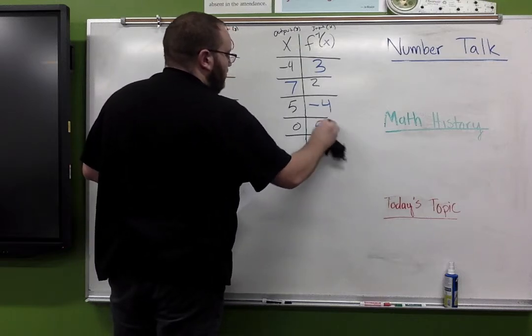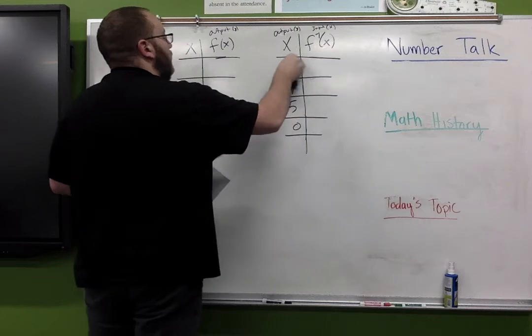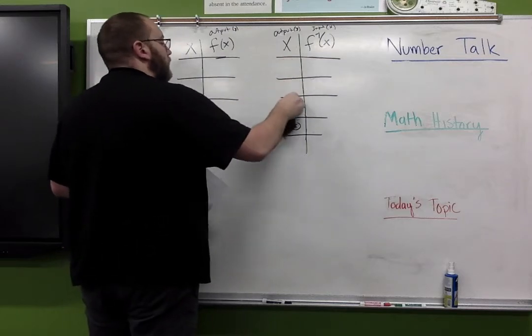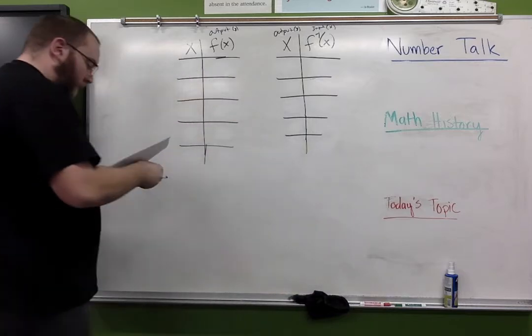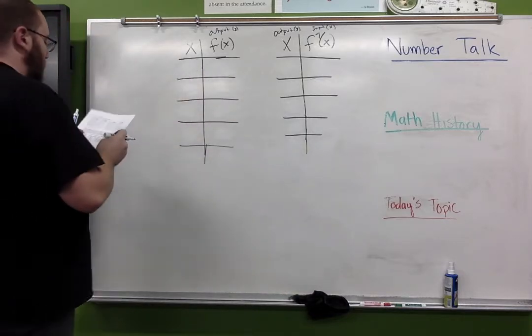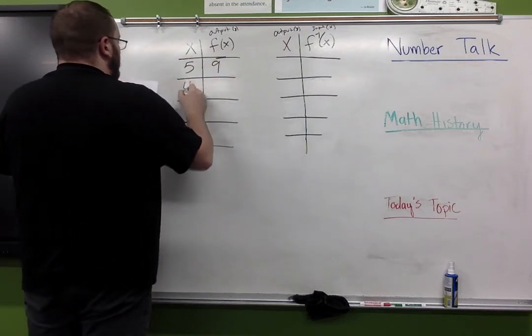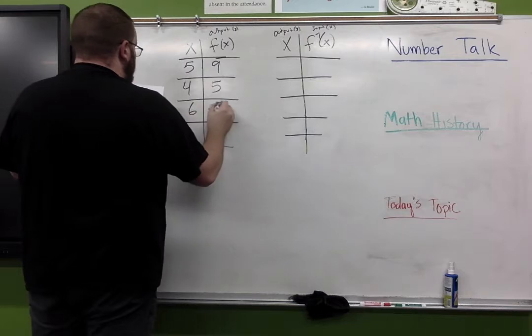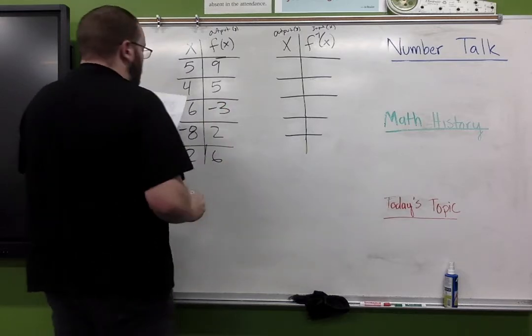Sorry, I don't want to erase the whole thing and have to rewrite it, so I'm doing little bits at a time. Okay, so let's see here. We have 5, 9, 4, 5, 6, negative 3, negative 8, 2, 2, 6.